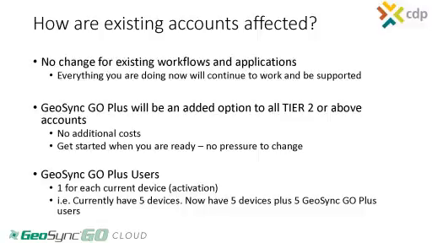As an example, if you currently have 5 devices in your GeoSync Go account, you'd still have those 5 devices for GeoSync Go Mobile, but you would also have 5 GeoSync Go Plus users. The idea is GeoSync Go Plus is a new addition to GeoSync Go Cloud, and if you have an account, it's going to be added in and become available for you to use. But you can still continue to do everything you're doing today without interruption.